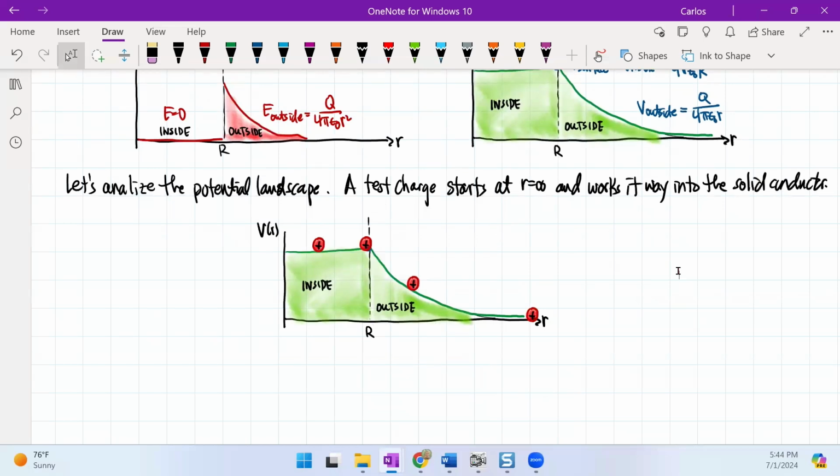So let's analyze these points. And this is what I see. At this point, we're going to say that this is R equal to infinity. In other words, V at infinity is 0. And once again, this is our reference. You have to talk about a reference every single time. So now you start to climb the hill.